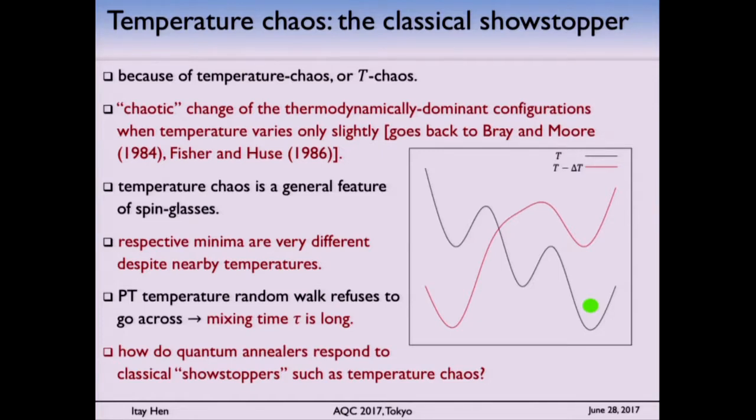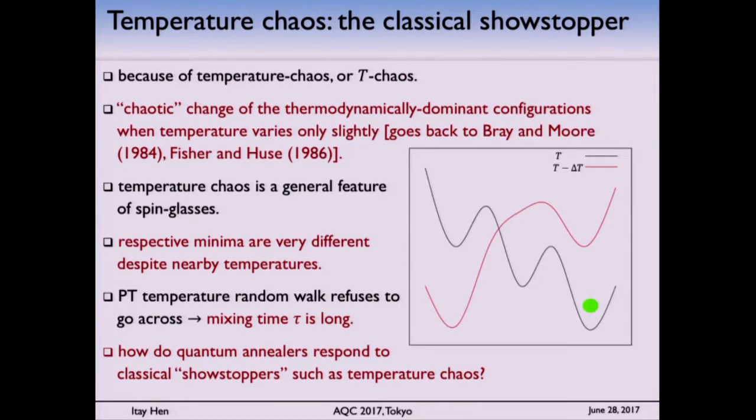It means that if you look at the dominant free energy configurations at temperature T and at temperature T minus delta T, the dominant configurations are very, very different. This is sort of a random first order phase transition that happens there, and so the respective minima at T minus delta T are very, very different.